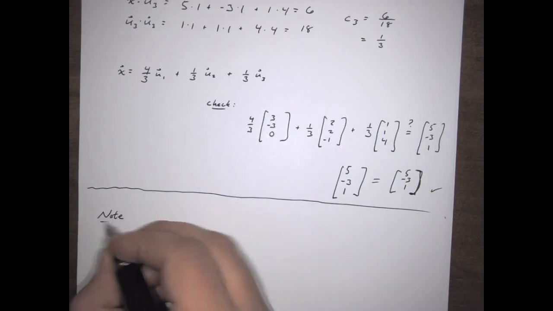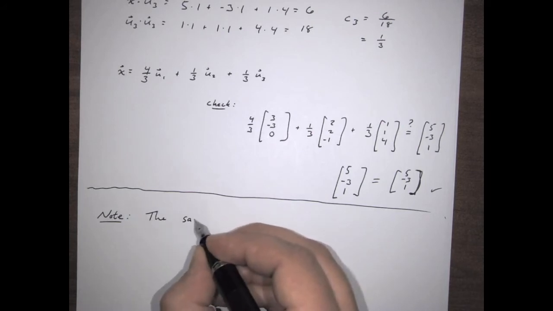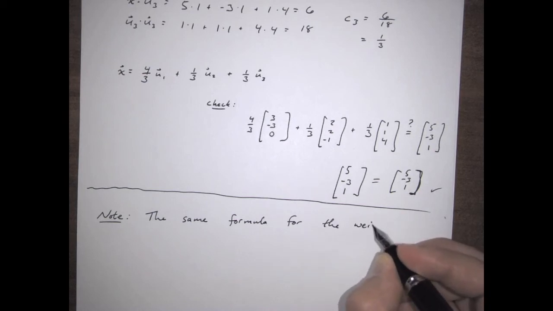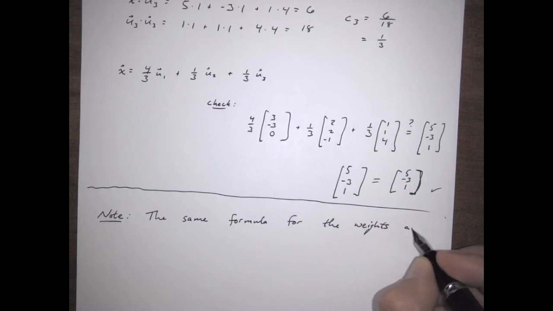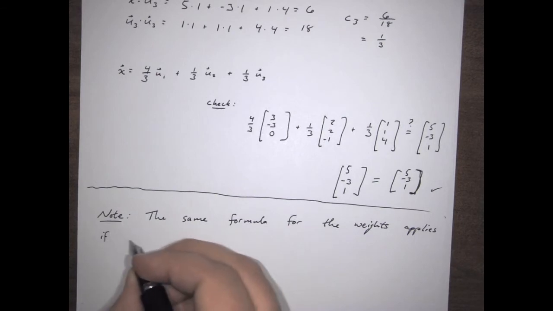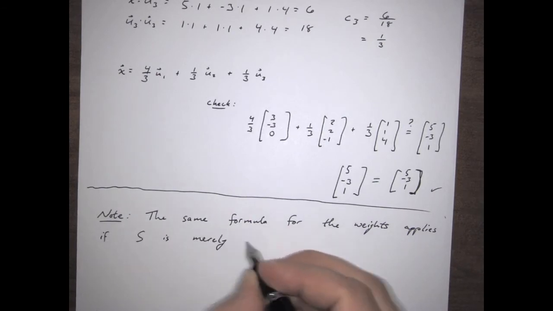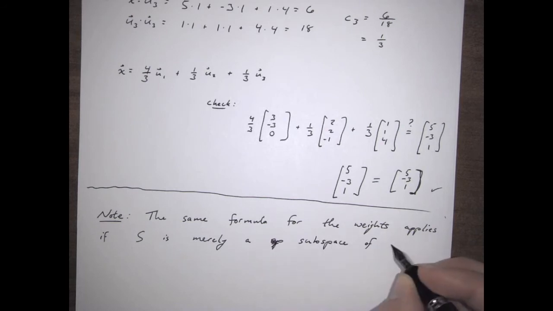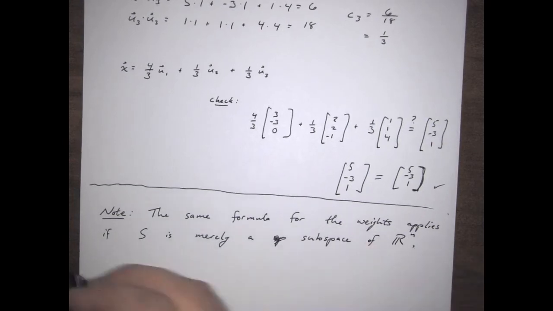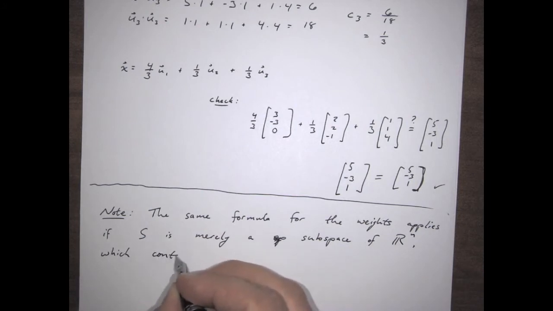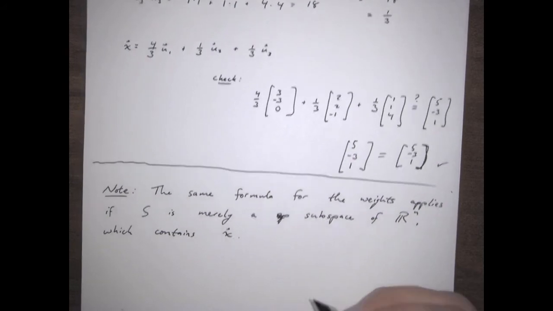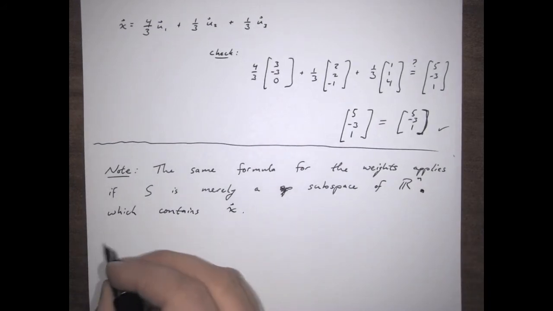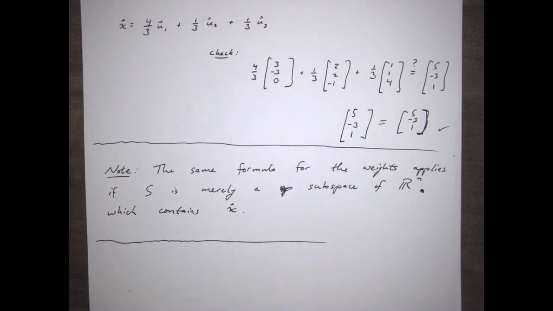And a note here, the same formula for the weights applies if S is merely a subspace of Rn which contains X. So if S is merely a subspace which contains X, we can do the same thing to get the component of each of the basis elements.